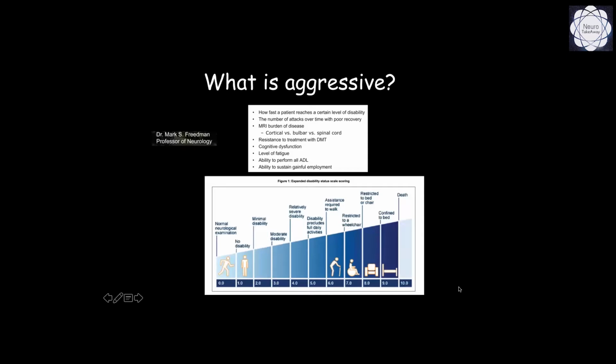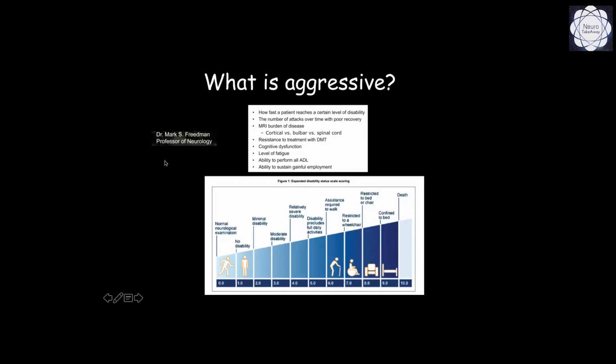It is the well-known EDSS scale. But the importance is not just the graduation of this score, but the speed at which a patient reaches a certain level.